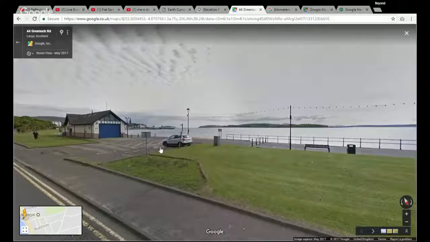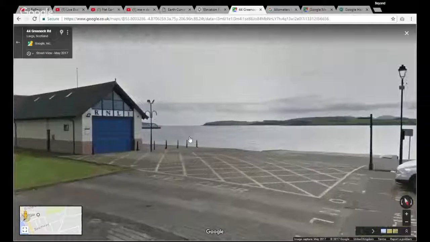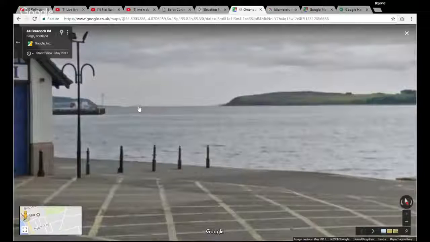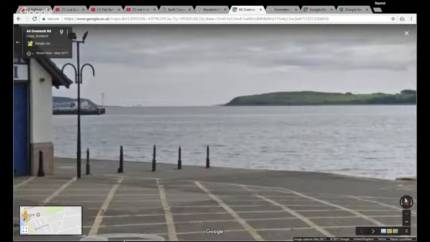As I pointed out before, just going to have a wee scroll through here. Different day, Ailsa Rock clearly visible. The elevation of that point and the height of the camera on the Google mapping van is not going to be that much different. You know, we were here, so the tripod had an elevation of 2 feet. So that's the first destination.